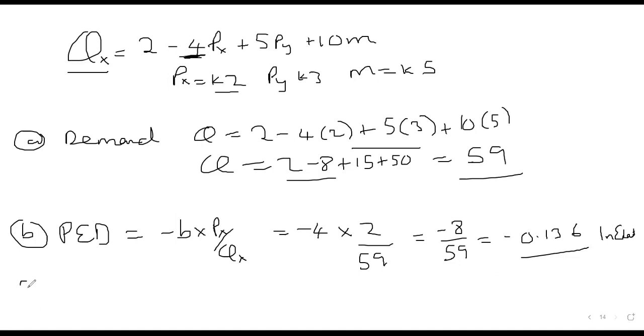Then at C, they ask you to find the cross price elasticity of demand. So here, cross price elasticity, B times what? Price of Y over good X. If you're dealing with it against itself, this is on price, it's on product.